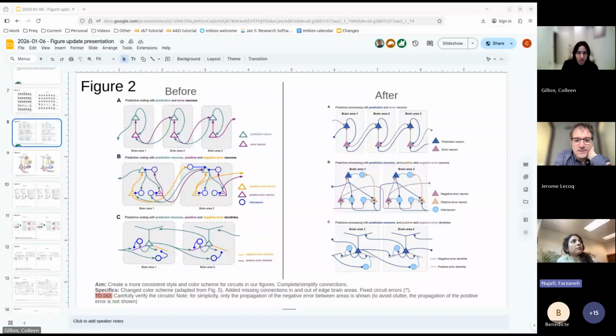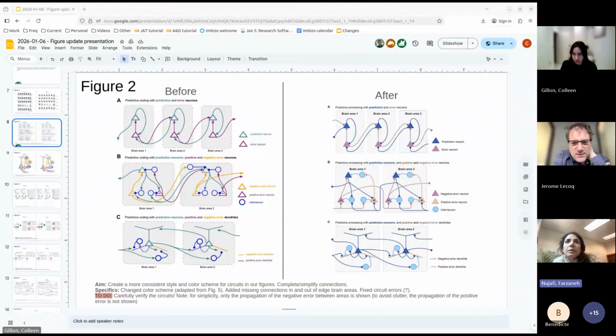The negative error is doing sensory minus prediction, and the positive error is doing... Oh, do we have the colors swapped? Sensory plus prediction. Okay. If you could say what it is that the negative error is doing? It's receiving the bottom up and receiving the negative prediction. I think it's doing prediction minus sensory.